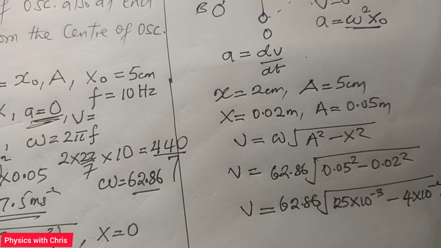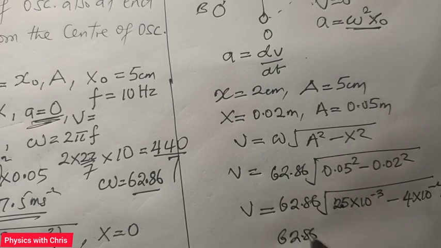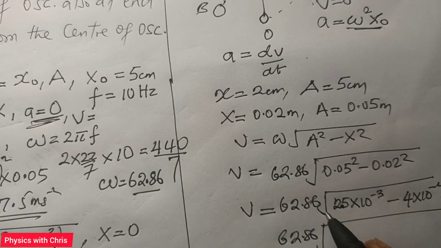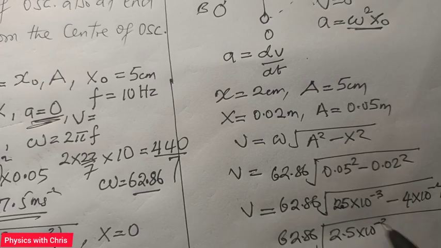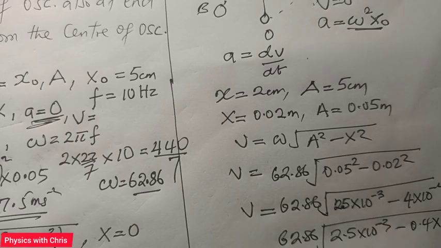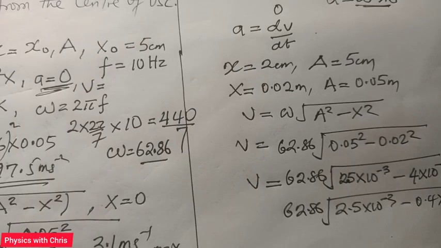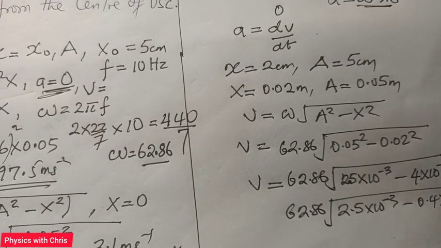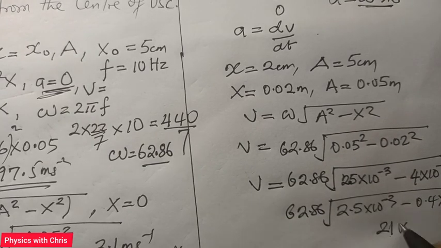I can also express this in standard form. Okay, that was 2.5, sorry, not 25. So that gives me 2.5 times 10 to the power minus 3 minus 0.4 times 10 to the power minus 3. So 2.5 minus 0.4 gives me 2.1, so 2.1 times 10 to the power minus 3.